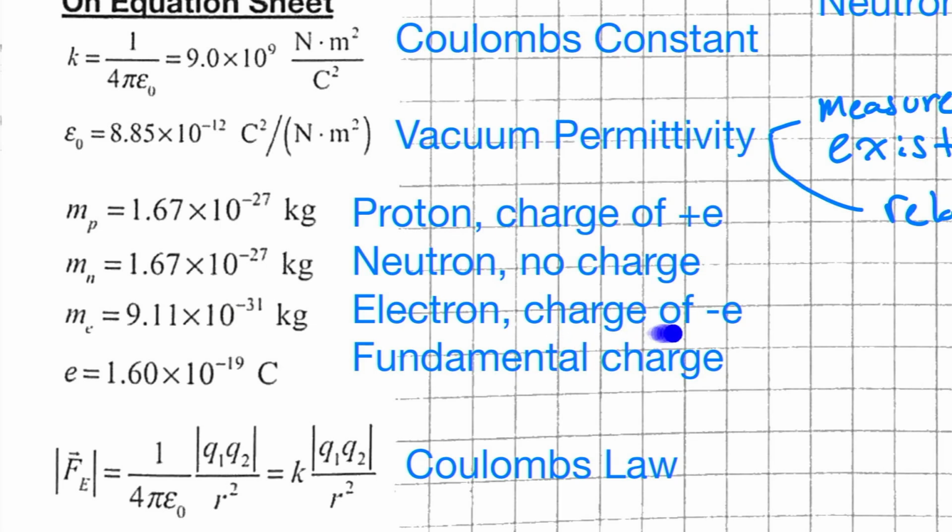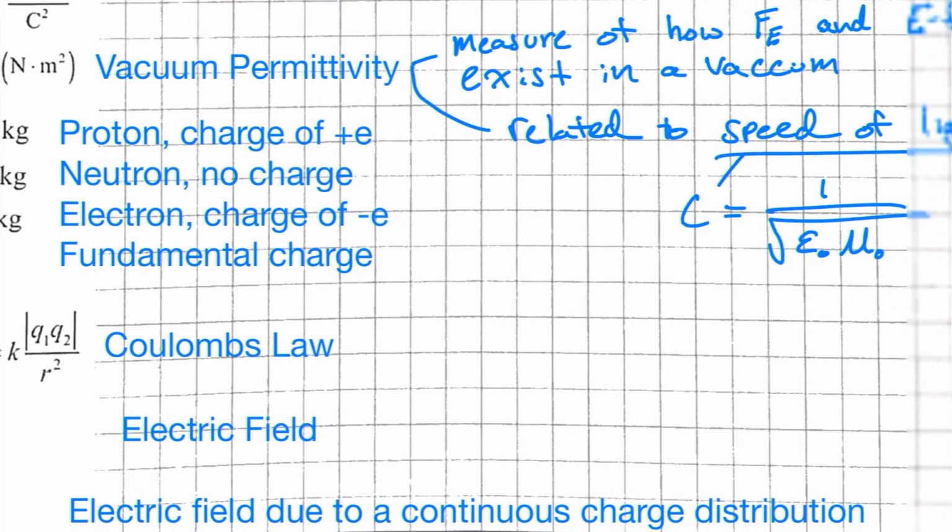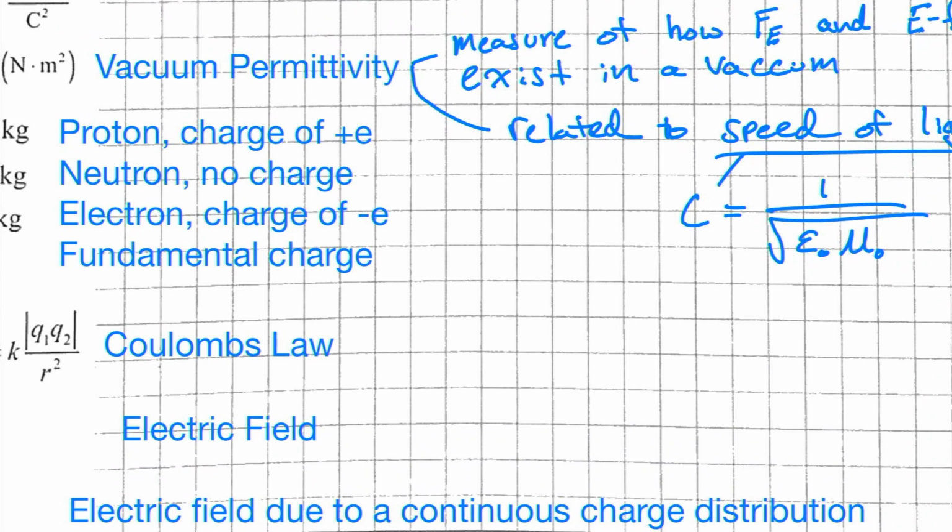An electron has a charge of minus e, and e itself is the fundamental charge. It has a value of 1.6 times 10 to the negative 19th coulombs. Now, that fundamental charge can be used to come up with a ratio for unit conversions.